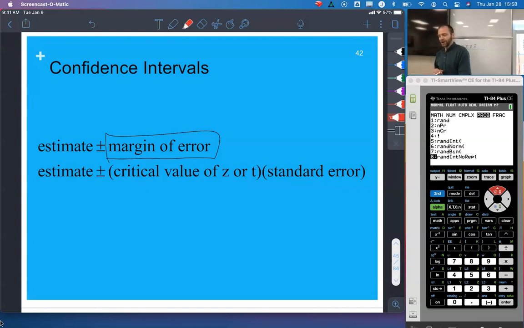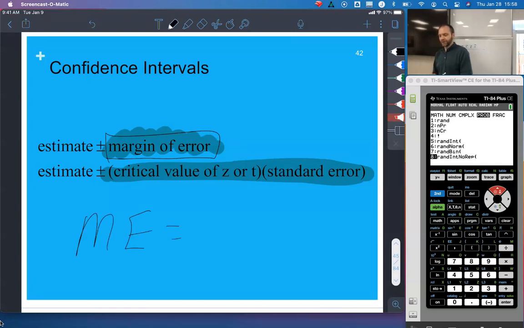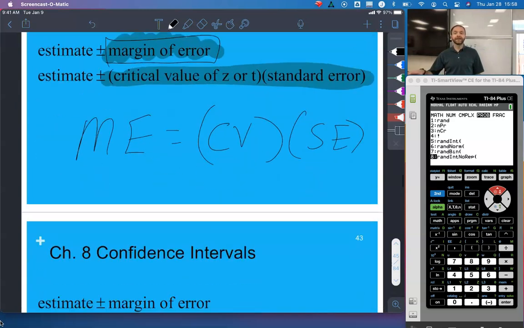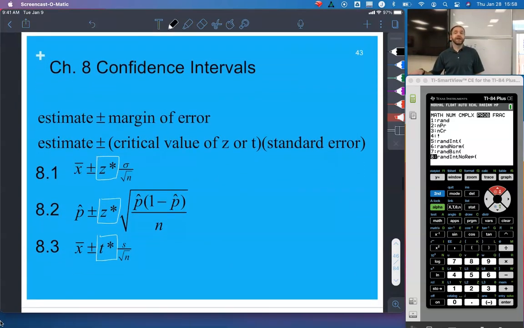We can take our critical value times the standard error, and that equals your margin of error. That's what we're going towards. There's a way to calculate it to make sure that we can do it right. And these are the formulas in Chapter 8 that we're going to be looking at.